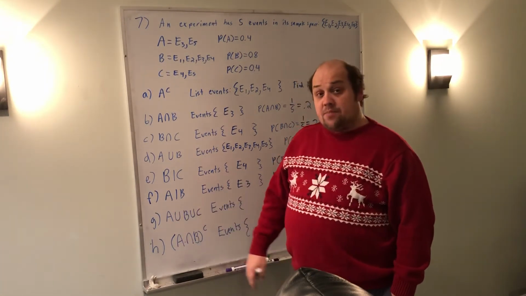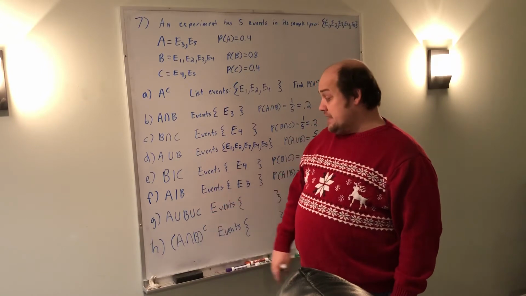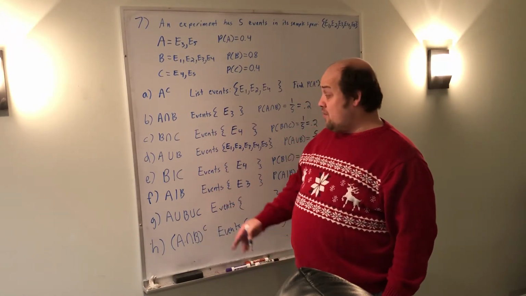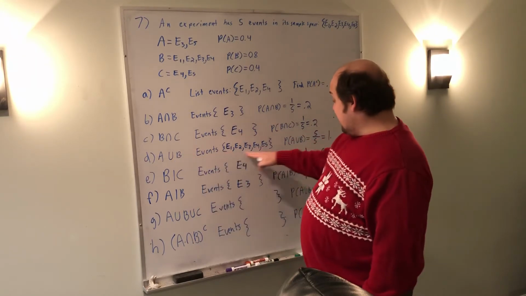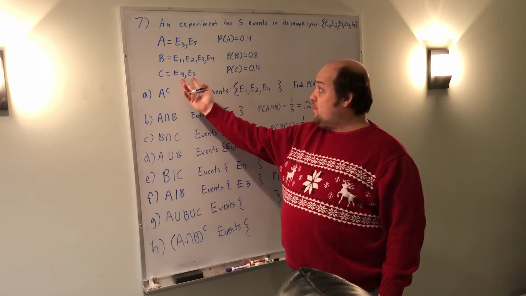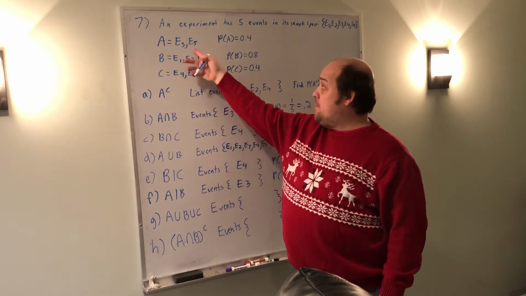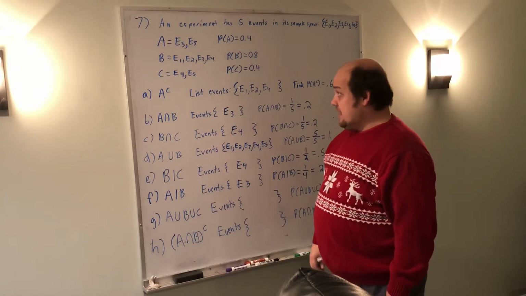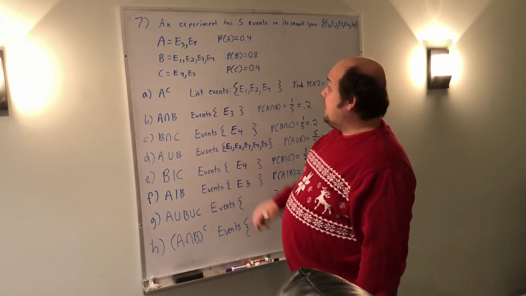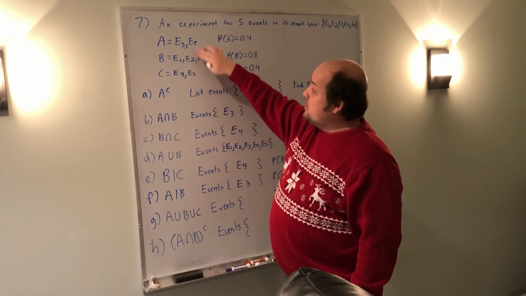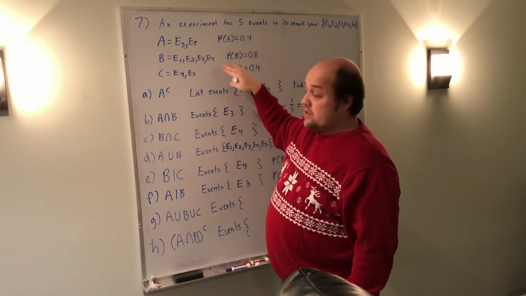Next I'm asked to find the probability of A union B union C. Really, this union C is completely unnecessary. We saw above that when we did A union B, that included everything. So even though we're saying C is also included with E4 and E5, we already had that above. We still have all 5 possibilities if we have this union. If, for instance, we didn't have E5 in A, then by adding in the union C, E5 would come in and give us all 5.